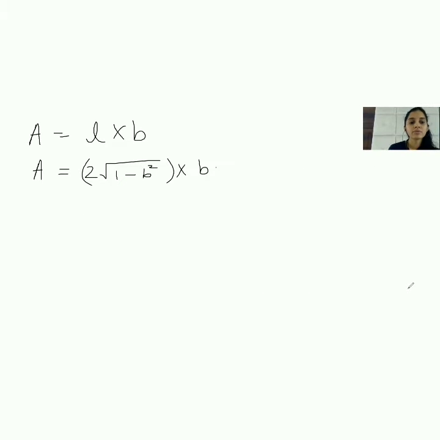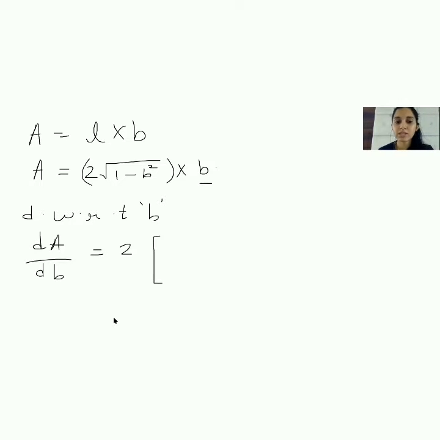Now, what do we have to do? Differentiate this with respect to the one variable that we have over here, B. So we'll say dA upon dB. Differentiating with respect to B, dA upon dB is equal to, now 2 is a constant, let it be.